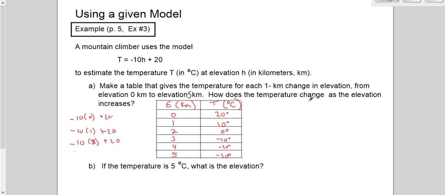How does the temperature change as the elevation increases? Well, as the elevation increases, the temperature decreases by 10 degrees for each 1 kilometer in elevation.